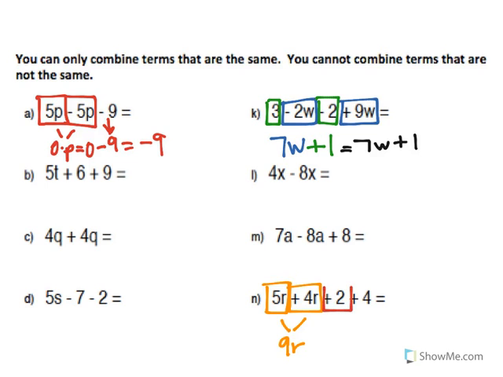I have two constants here, so I will combine those. I have positive 2 and a positive 4. I combine them to become positive 6. 9r and positive 6 are not like terms. I cannot further combine. My answer is 9r plus 6.